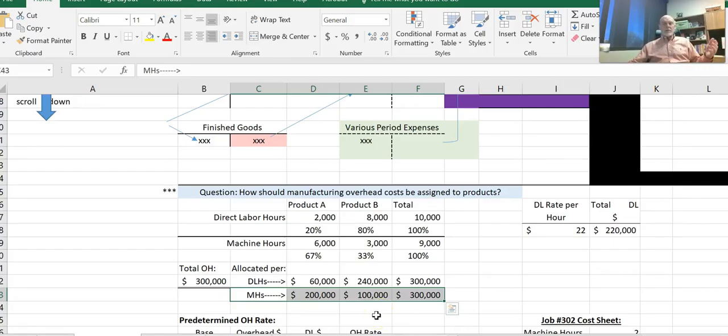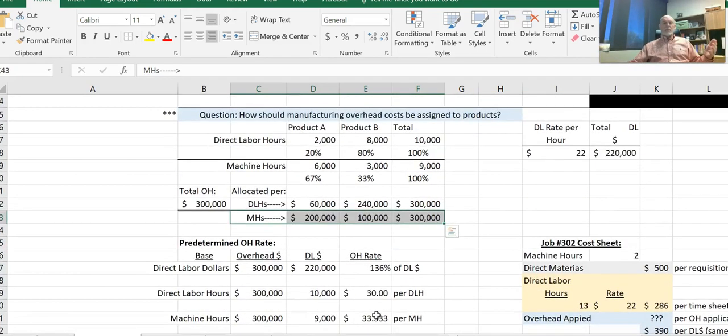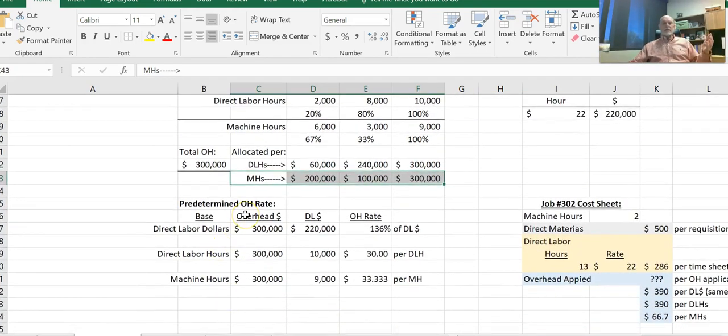So when you get down to the nitty-gritty of that, we pick an overhead rate. Like I told you, we had $300,000 of overhead. Well, we might divide that total overhead by the direct labor dollars, and you'd get an overhead rate of 136%.